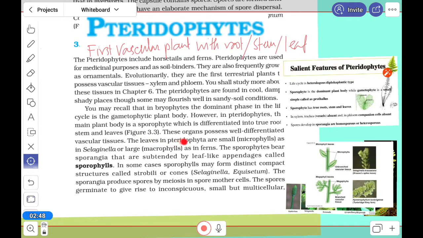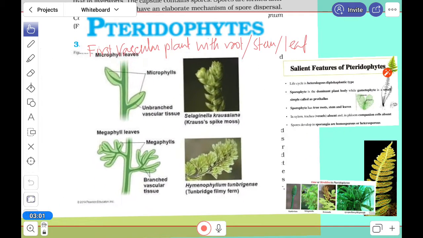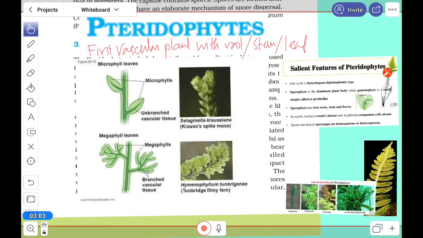The leaves of the pteridophytes are small, microphylls, and macrophylls. Look here, there are two types: microphyll and the mega or macrophyll. The microphyll is small in size, and the vascular tissues are not branched, going straight, found in Selaginella.